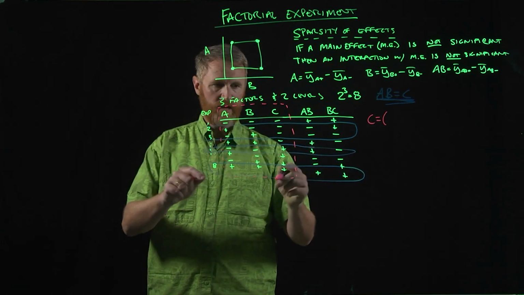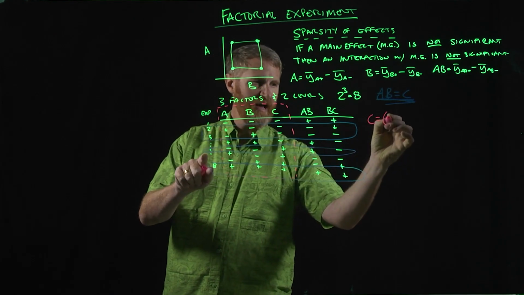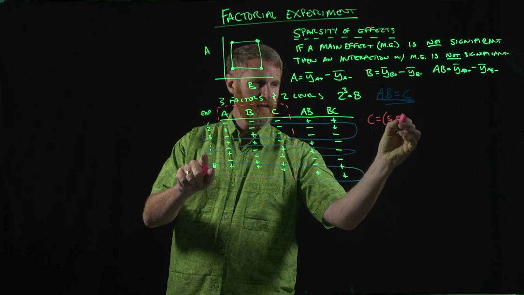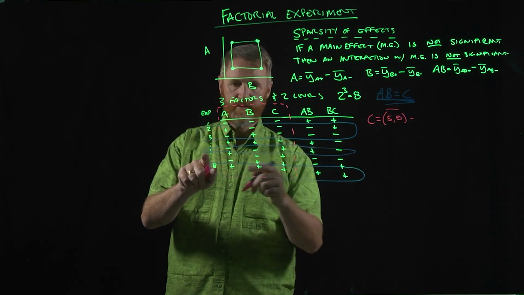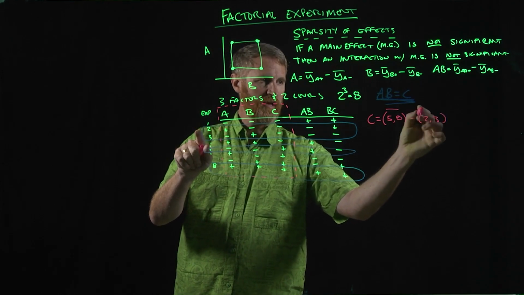I'm only running a subset, so I don't have 5, 6, 7, and 8. I only have 5 and 8, minus experiments 2 and 3.